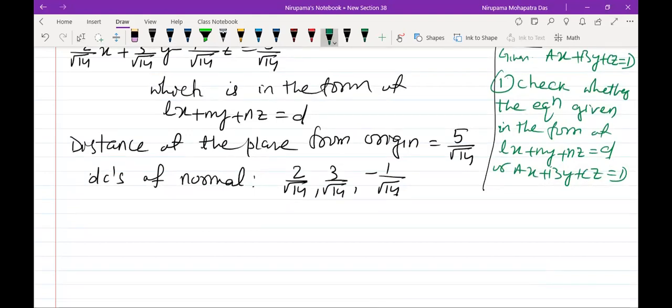In case you do not have this, you checked it and found it is given in the form ax plus by plus cz equal to d.